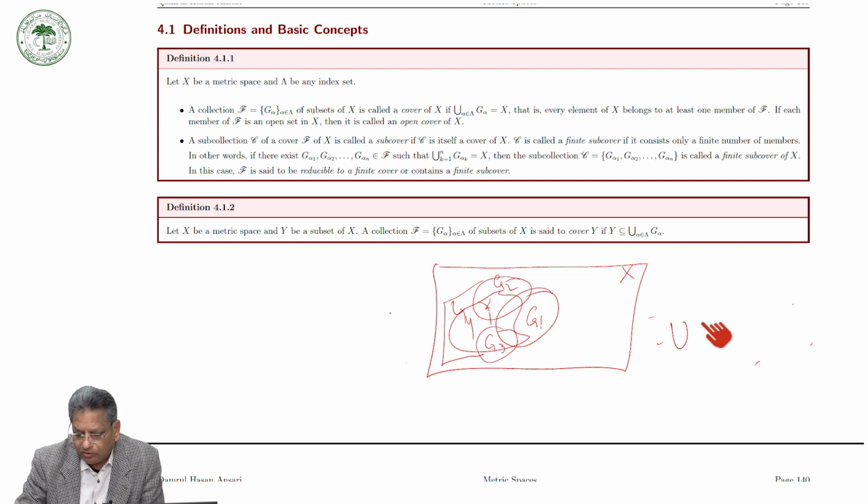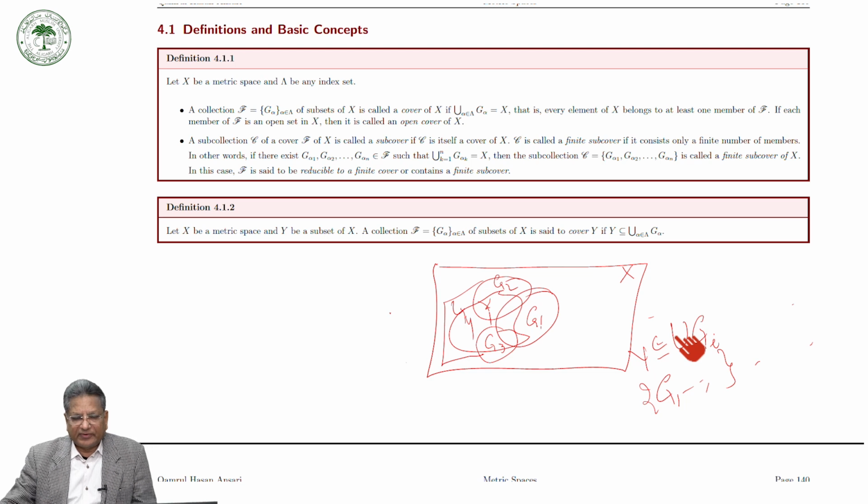The union of the Gi is this, so Y is a subset of this union. So this family G1, G2, and so on is a cover of Y.